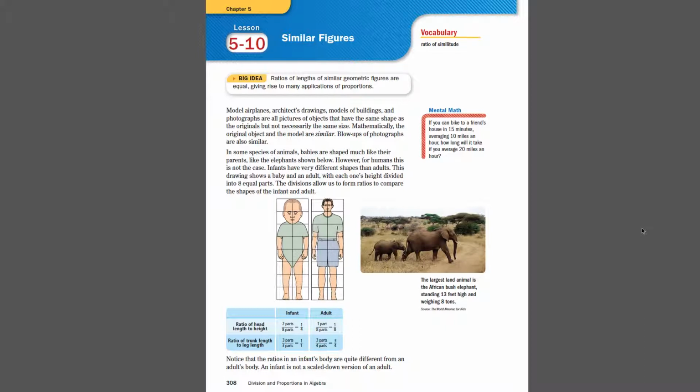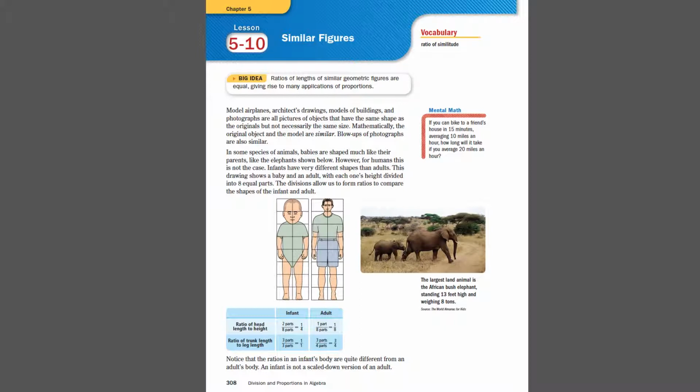We can realize that these ratios of the head to the other parts of the body are quite different in a child, in a baby, than they are in an adult, so our bodies are quite different. There are other animals like the elephants in the other picture, where the babies are quite proportional to the adults in terms of their shape. They just get bigger as they get older. They don't change their proportions.